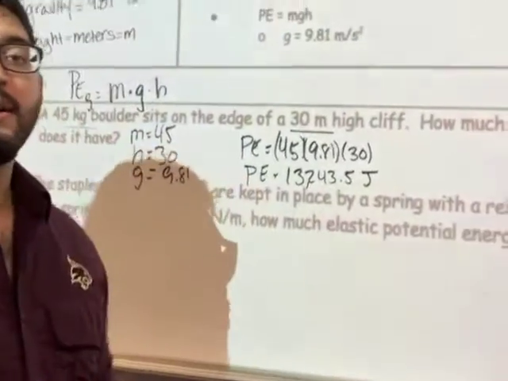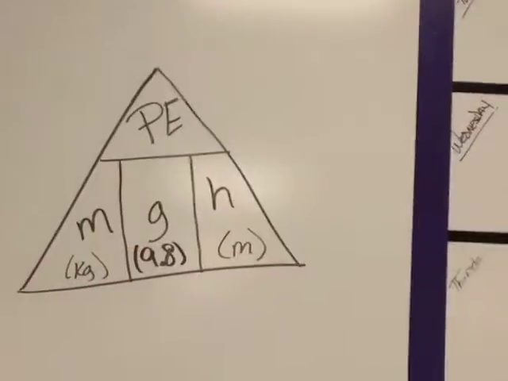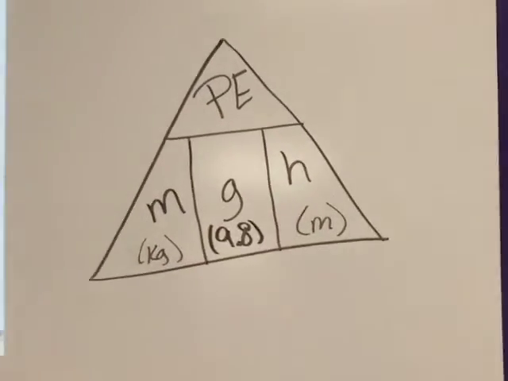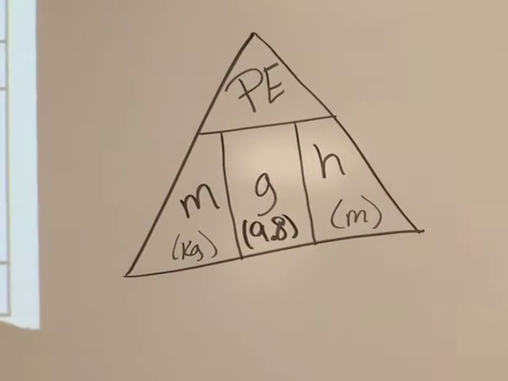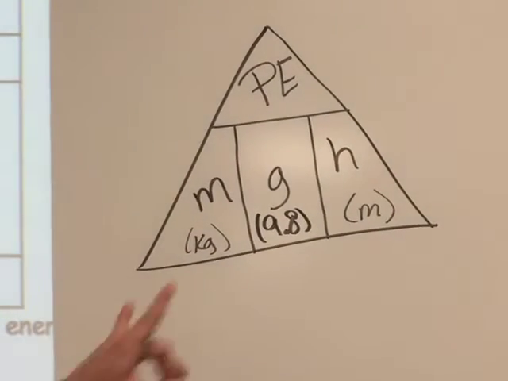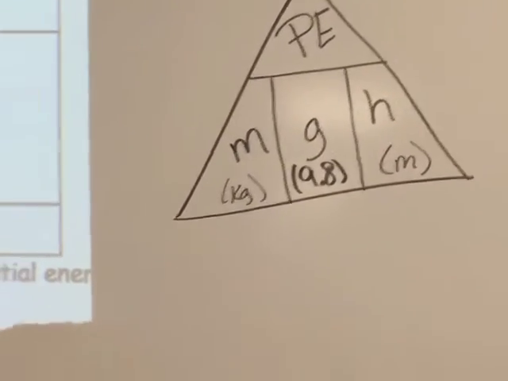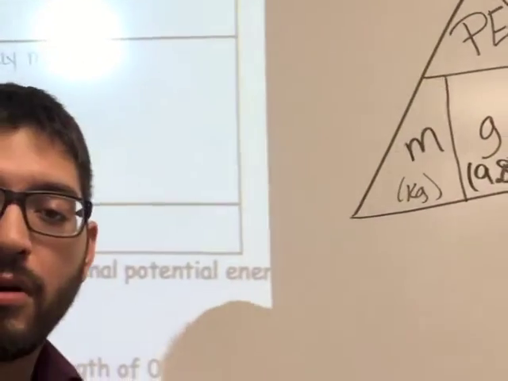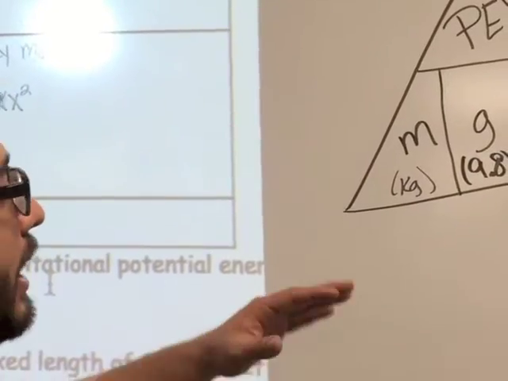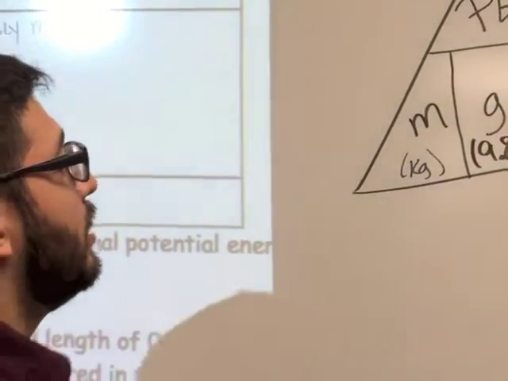If you wanted to do it the triangle method, I have the triangle set up right over here. So this PE goes on top, then you have mass times gravity times height. Now this looks a lot different than some of the other triangles that we've done because there's not 2 on the bottom, there's 3. Well, all we're doing for this is simply taking what we know, or what we're looking for, out of the triangle, and plugging in the rest of it.